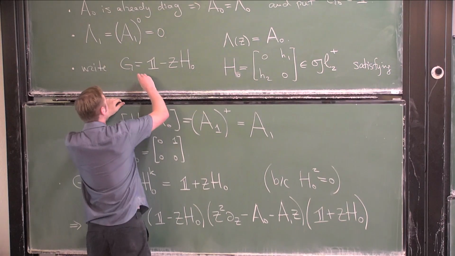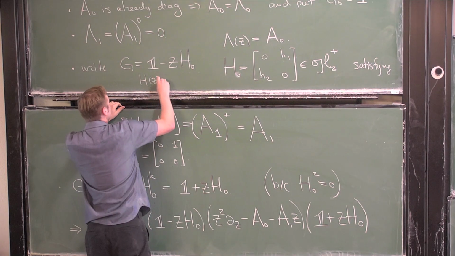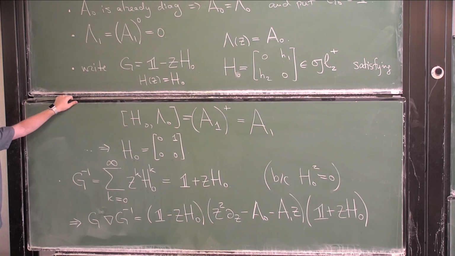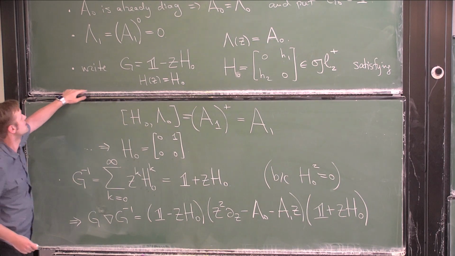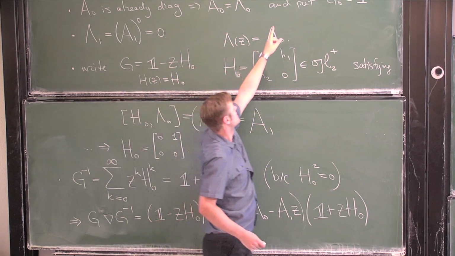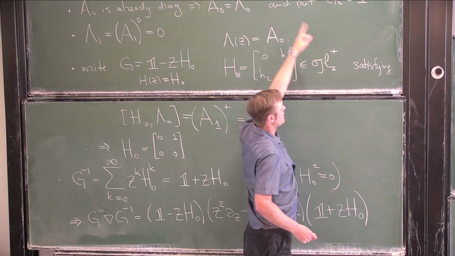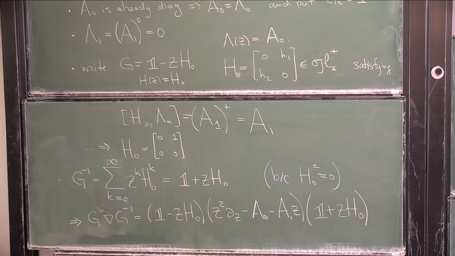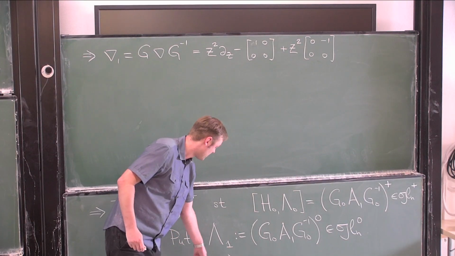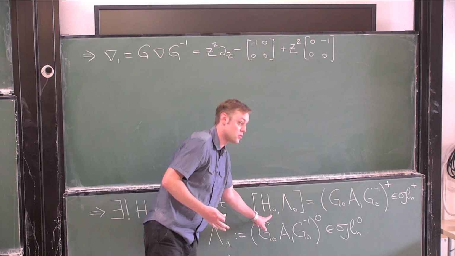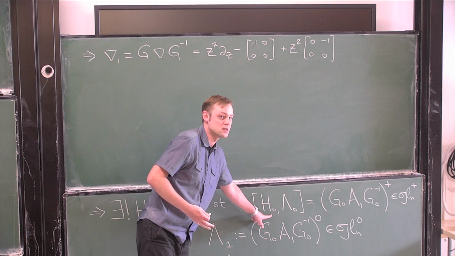In this case, I just took H of Z to be a constant matrix H naught. The reason I got away with this is because m is equal to 2, and so what we saw from this calculation, in fact, is that in order to modify the part of the principal part of order Z, the only thing that affects it is H naught.